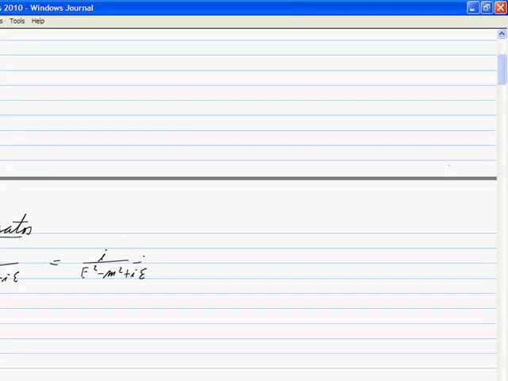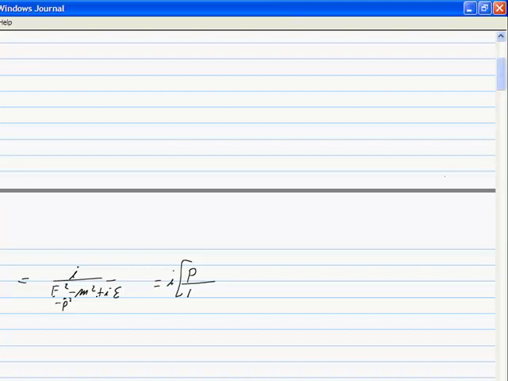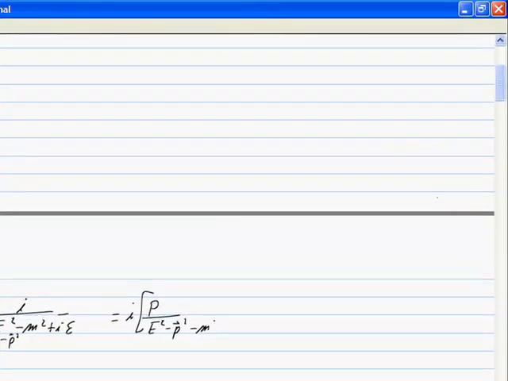And if you remember the identity that we had before, we showed that this is, well, there's an I out in front, but there's a principal value of 1 over, I'm sorry, I went too fast here. E squared minus p vector squared minus m squared. So it's principal value of 1 over e squared minus p vector squared minus m squared.